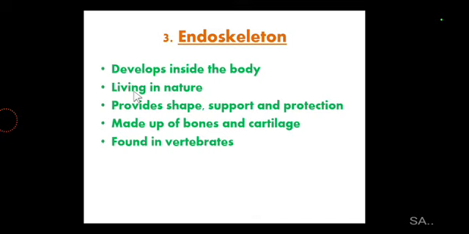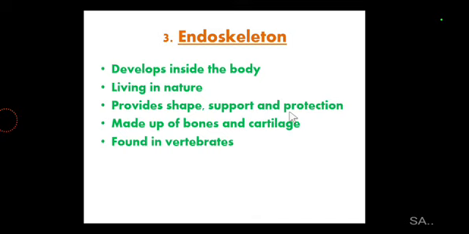So it is living in nature, and what function is it performing? It provides shape to our body, it gives support, thereby helping movement, and it is also offering us protection, which I've covered in detail at the start of the video.